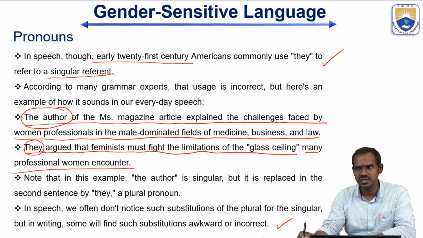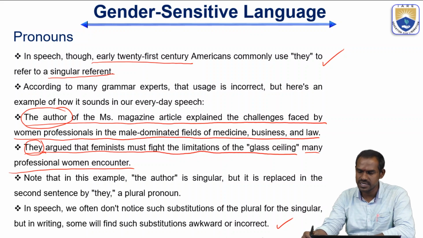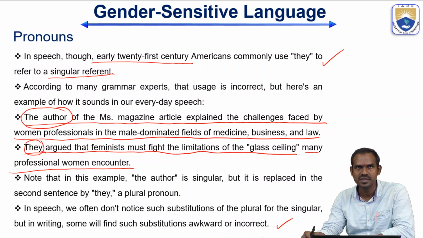So that means these things are unacceptable now. In the early 21st century it was acceptable, but now it is not. So you have to follow according to the current era and current situation.